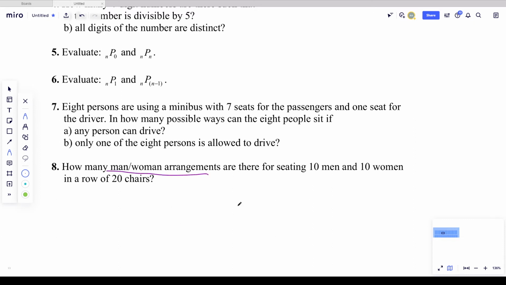Here you have kind of like a category. You have men and women. Do you care if a man is beside a man and then you flip the two men? Well, you really don't care, because you can't make a distinction in this case.